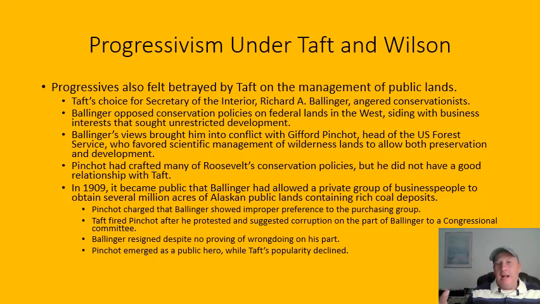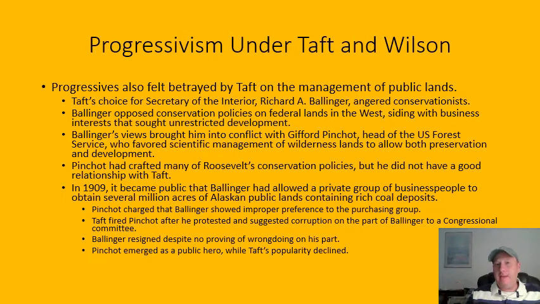In 1909, it became common knowledge that Ballinger had allowed a private group of business people to obtain several million acres of Alaskan public land, which contained rich coal deposits. Pinchot, remember he's the head of the Forest Service, charged that Ballinger had shown improper preference to this group of business people. Taft fired Pinchot after he protested and suggested corruption on the part of Ballinger to a congressional committee.